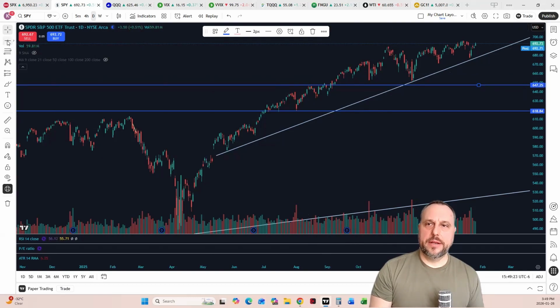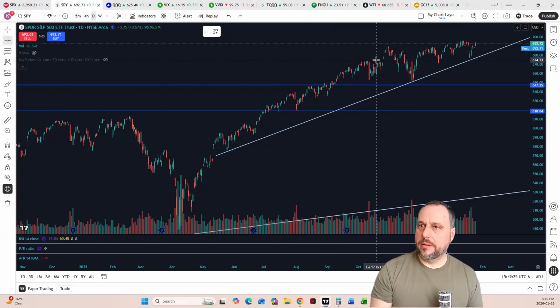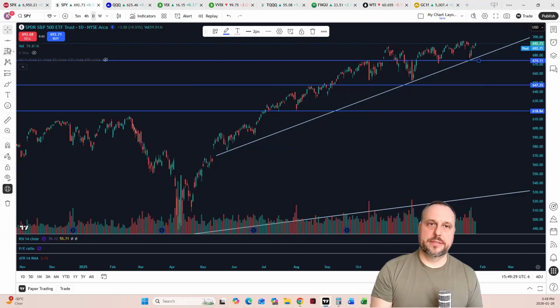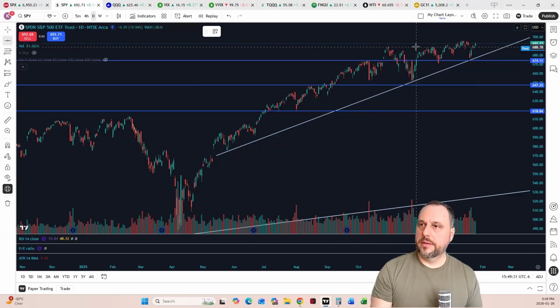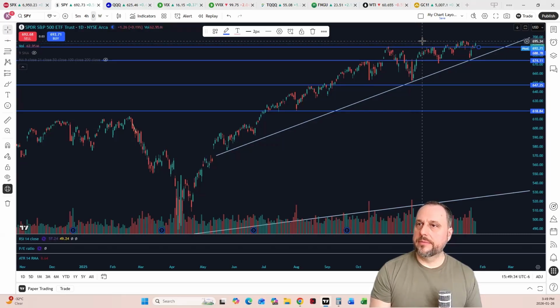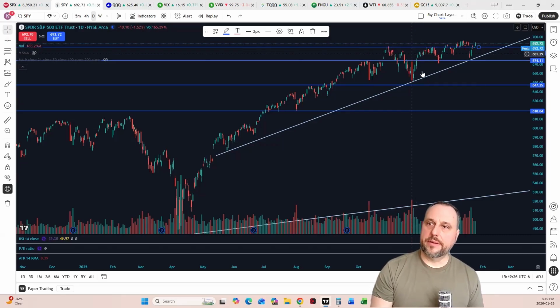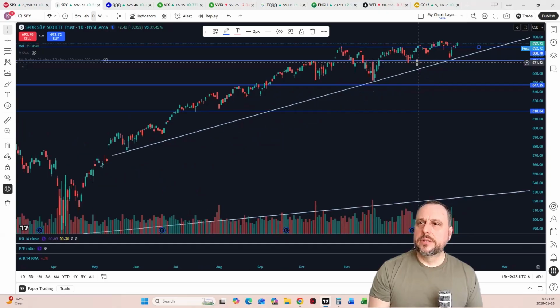Let's put another line on, and then I'll explain a bit more about the concept of support and resistance. One there. We'll put one here. Okay, good enough. Let's focus in on this area.